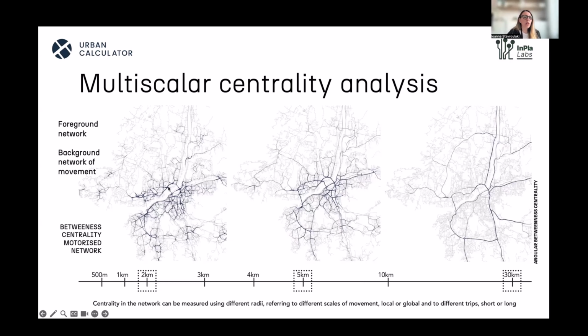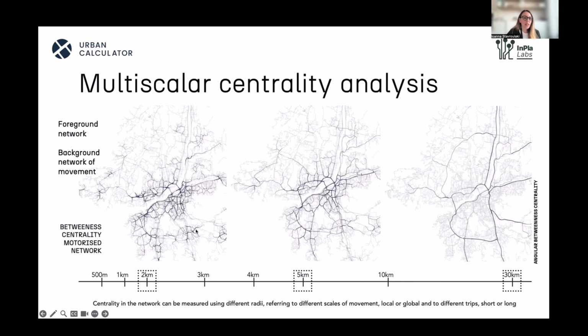And then at 2 kilometers, we can see the local paths that connect neighborhoods, important within neighborhoods, only for shorter trips within the local scale, but not important at the regional scale.